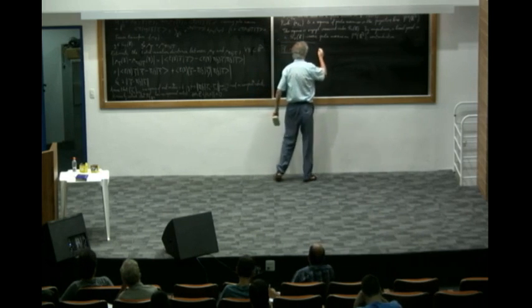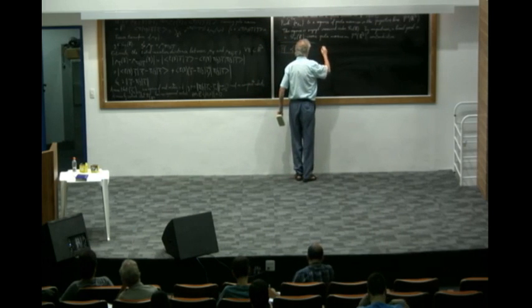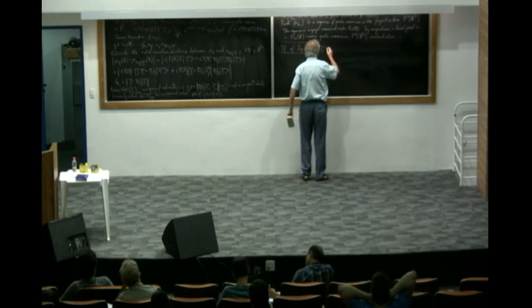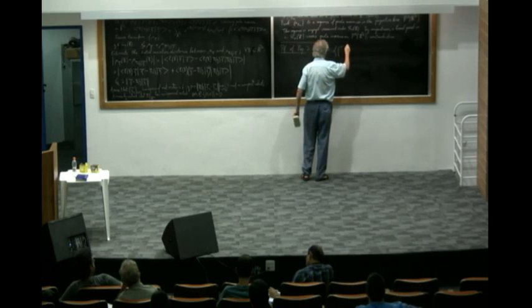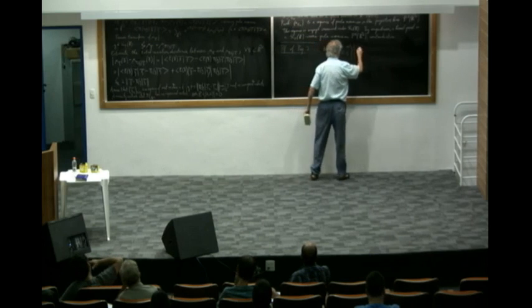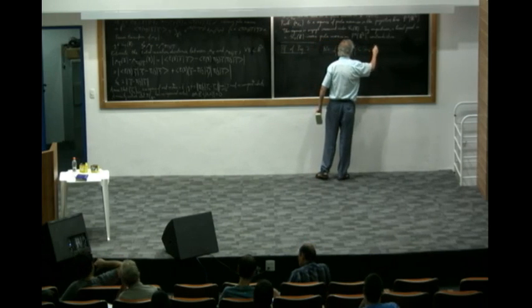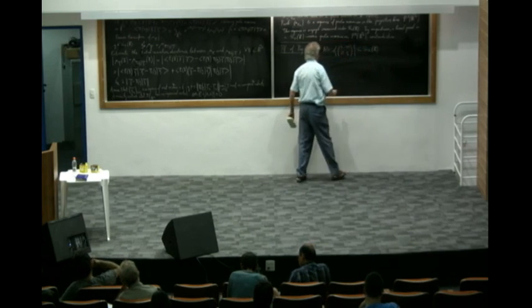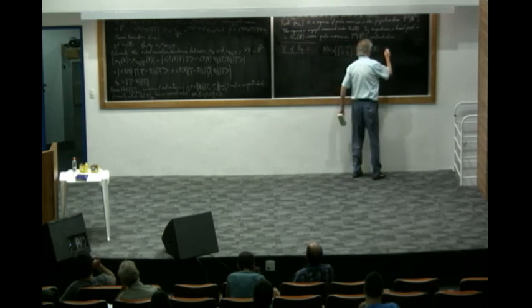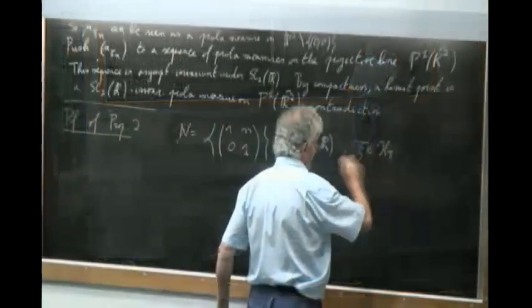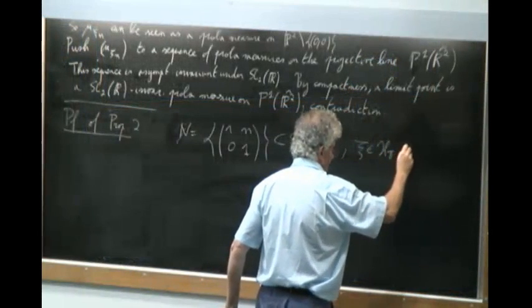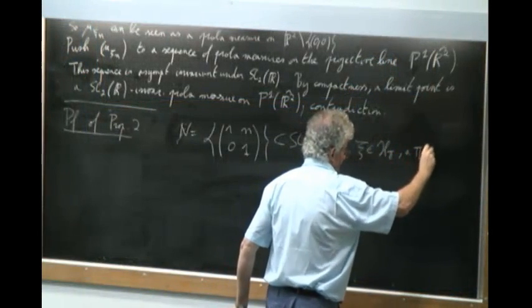Remember the framework. N is the upper unipotent subgroup in SL2R, and we have psi in the Hilbert space of a representation of SL2R, a pi n fixed vector.